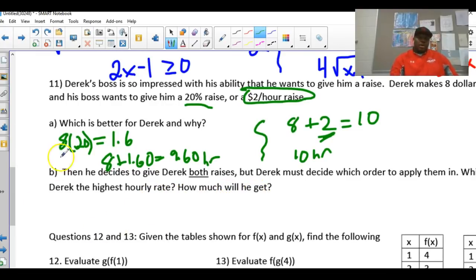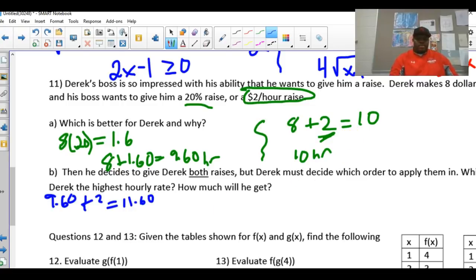Well, think about it, right? Let's say we did the 20% first. If you do the 20% first, you now make $9.60 an hour. And then if you add the $2 to it, that will give you $11.60 an hour, right? Now, let's say we did it this way.